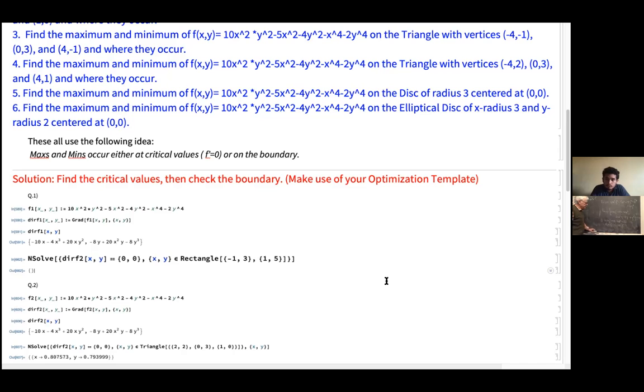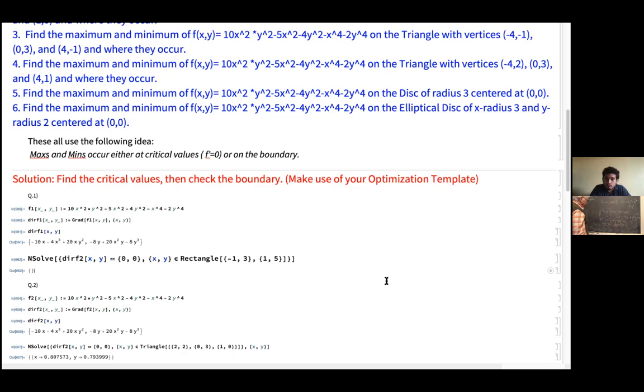Now doing the second one, it will be similar, I imagine. In this case, we get 20x squared y minus 8y minus 8y cubed equals 0. Factoring out a y, we get y times 5x squared minus 2 minus 2y squared equals 0.